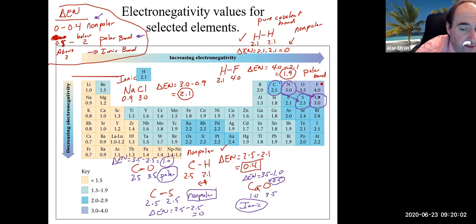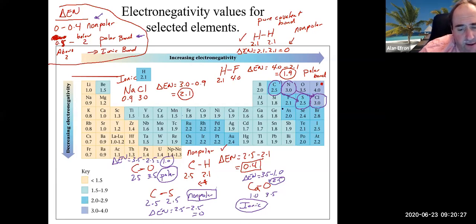There's that diagonal relationship that we constantly see. Boron and As also have that diagonal relationship. So it is definitely possible to have two different elements that, like carbon and sulfur, end up being nonpolar because of where they sit on the periodic table.